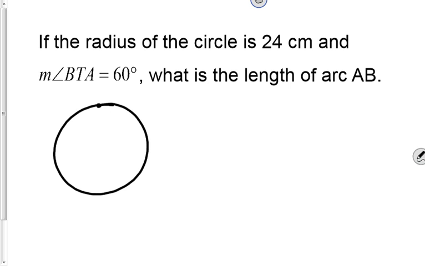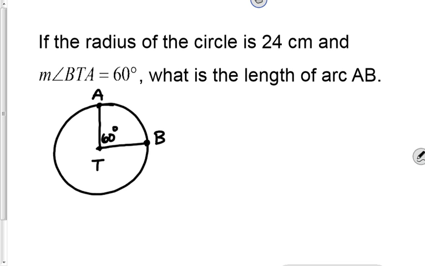Okay, so we must have a point A, and we have a point B, and the center of our circle is T, right? And they're telling us that the measure of this angle, although it doesn't look like I've drawn it that way, is 60 degrees. And they want us to find the length of arc AB.